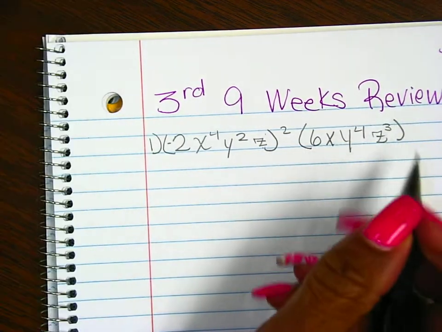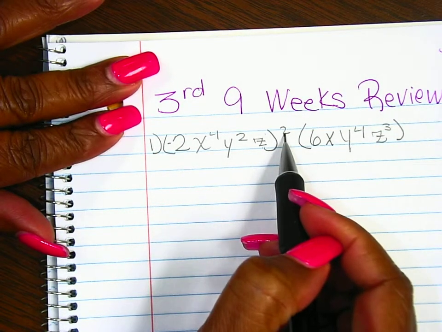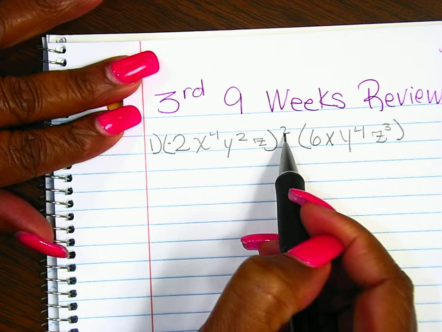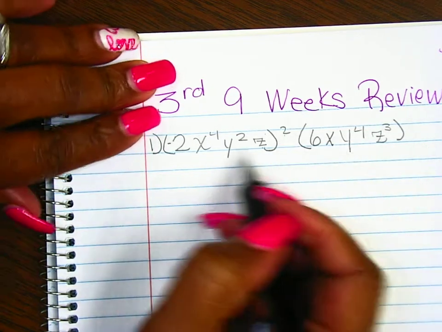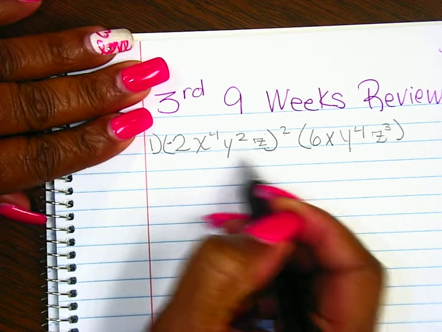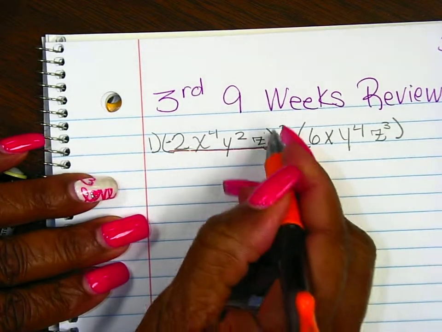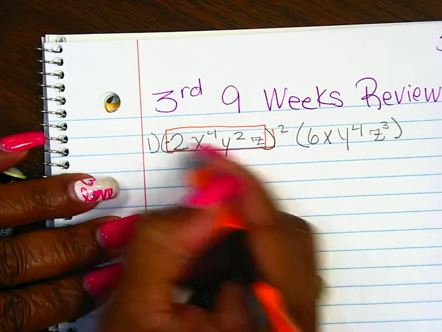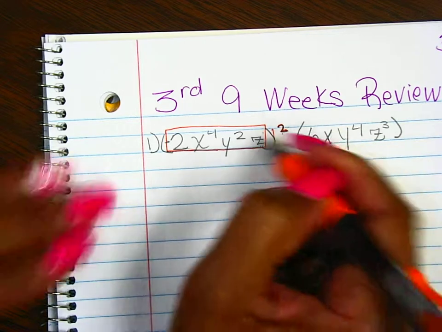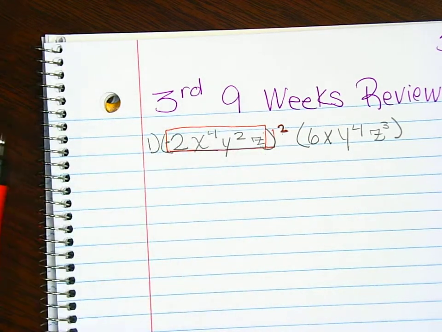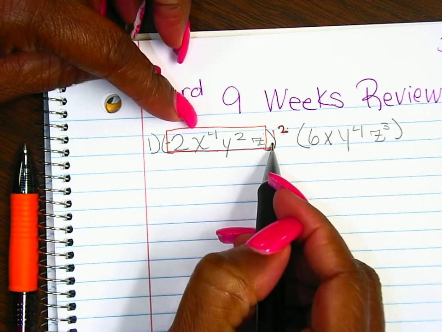So I'm finding the product, I'm just going to multiply. And guys, I need to get rid of this exponent. I'm going to keep it simple. I'm going to do it the long way. I'm going to do the steps. So here is my base. Inside here, this right here, guys, this is my base for this 2. So since that's my base for this exponent of 2, I'm going to rewrite this twice.